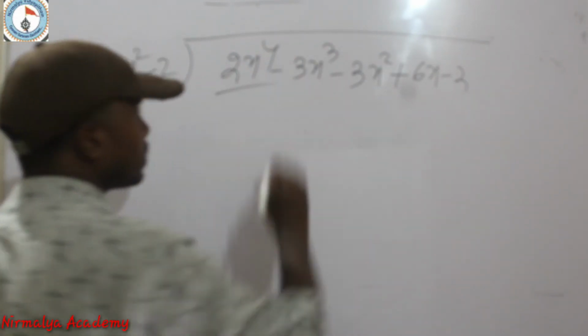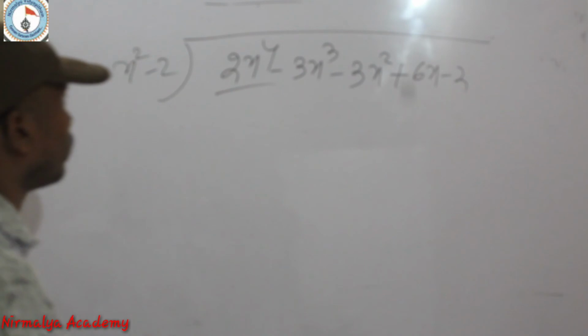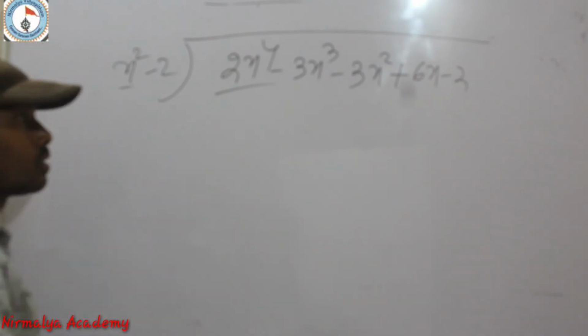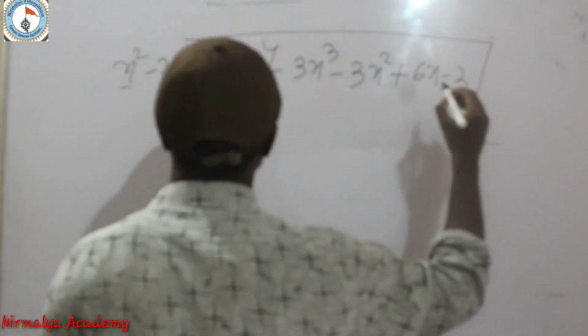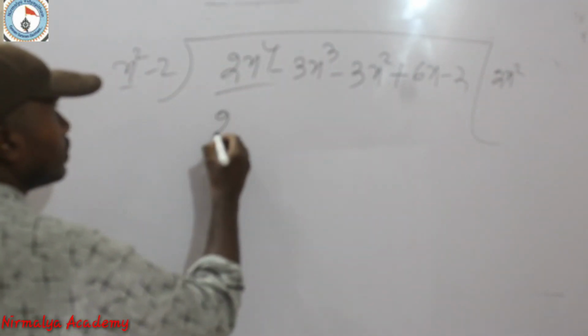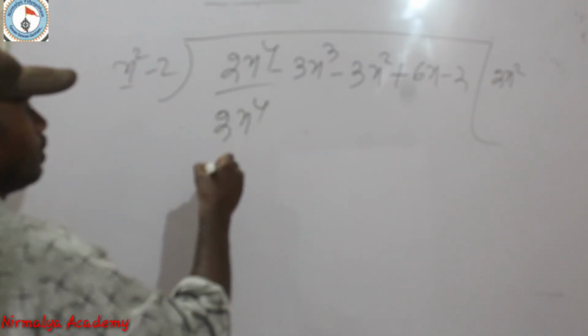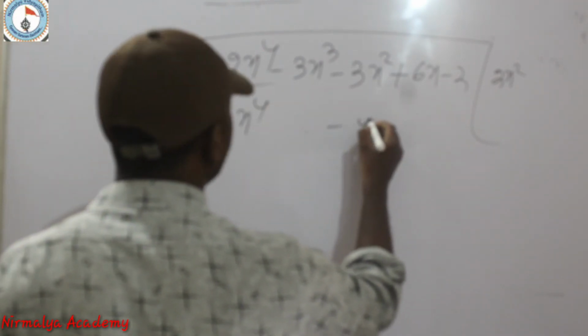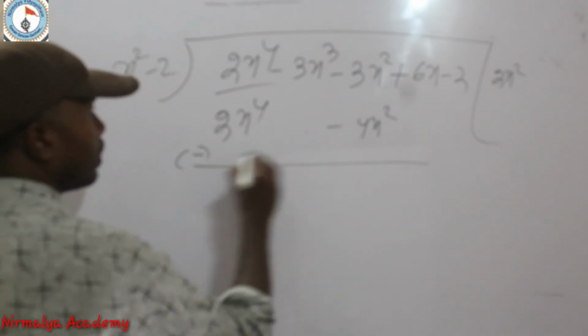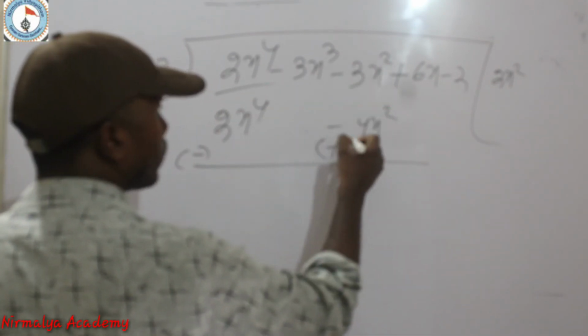The first term of the dividend is 2x to the power 4 and of the divisor is x square, so the first quotient term is 2x square. Multiplying gives 2x to the power 4 minus 4x square. On subtracting, minus 3x square plus 4x square gives x square.